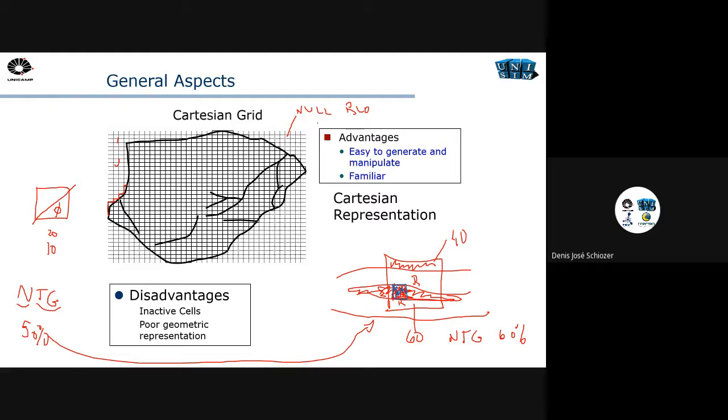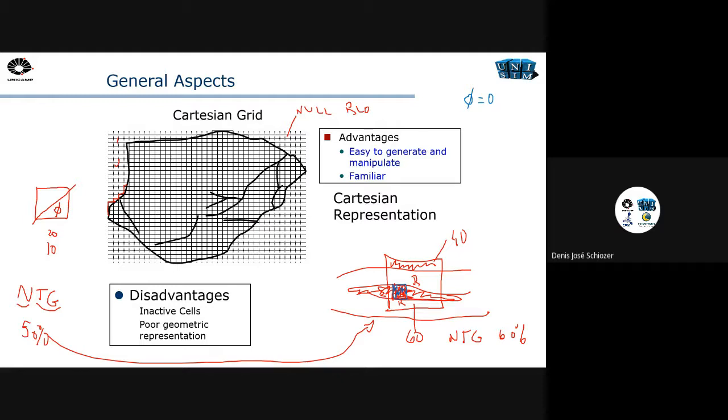So for a simulator, there is no difference between a null block or a block where the porosity is zero. If you set zero porosity, it understands that it's a null block, or a block where there is no fluid and no flow, okay?